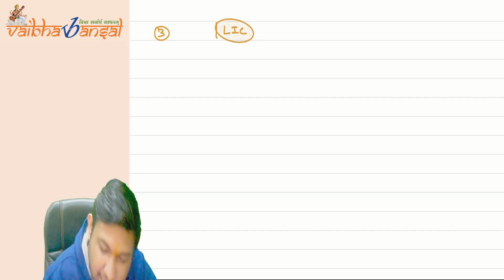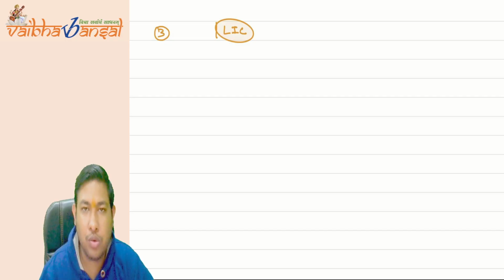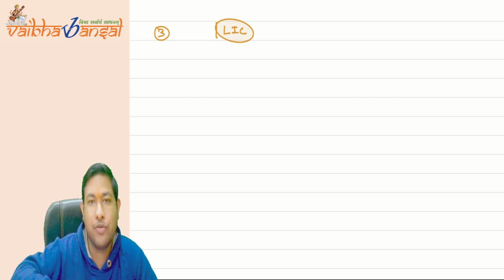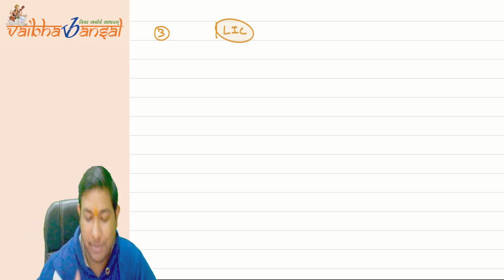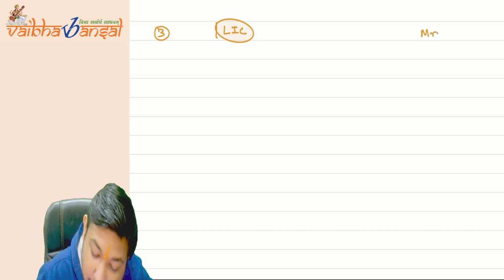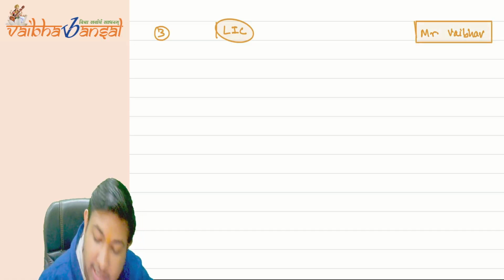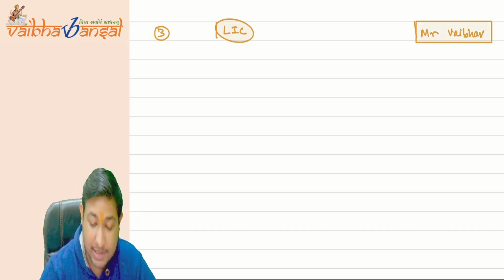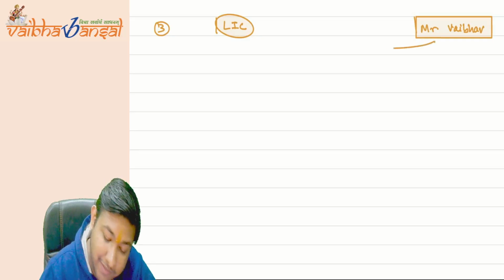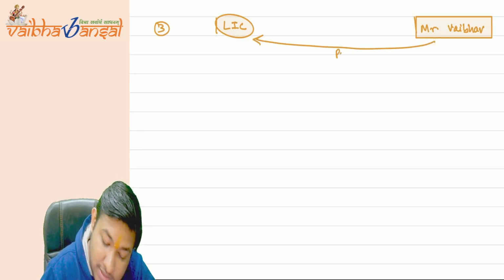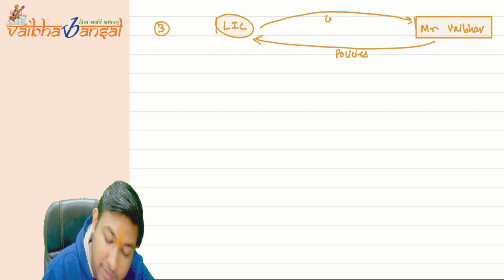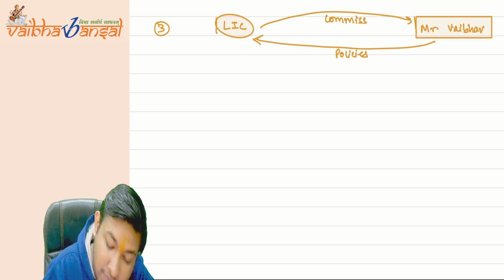It has some commission agents as well who bring life insurance business for that company and get some commission. Suppose there is a Mr. Weber, who is an insurance agent for LIC. Mr. Weber gives life insurance policies to LIC, and LIC will give the commission.